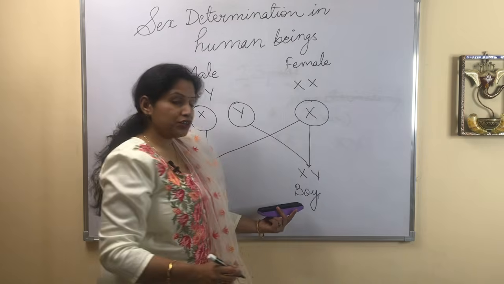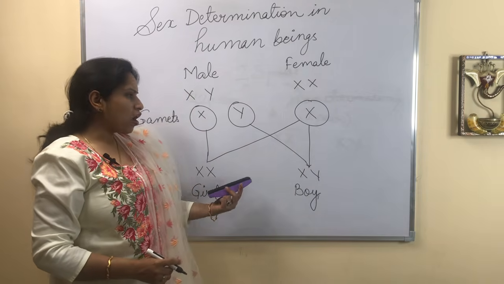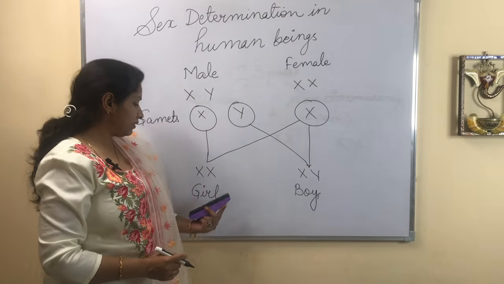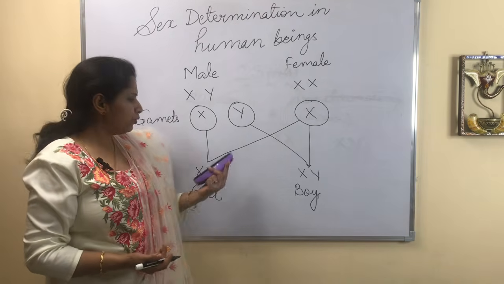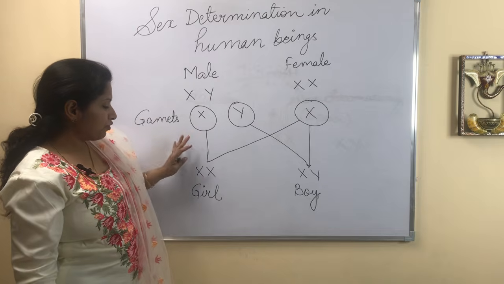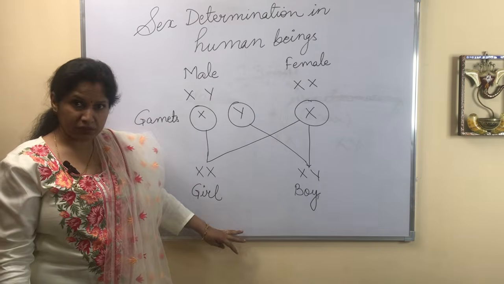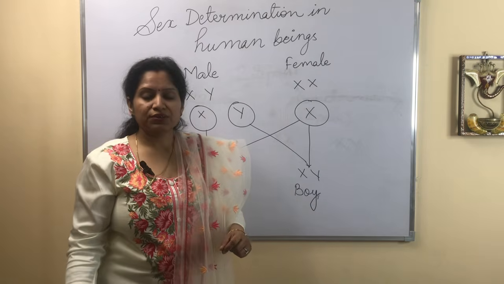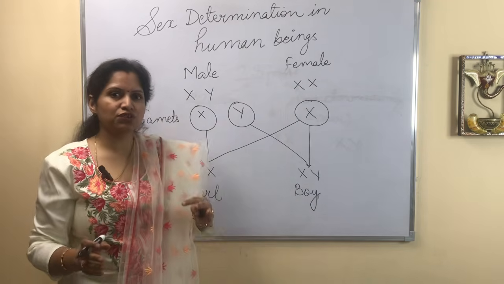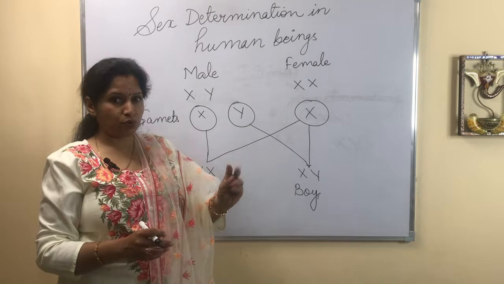Now, how much chances are there of a baby girl or a baby boy? So 50-50% chances are there, equal chances are there. 50% chances are there that the baby is going to be a baby girl, 50% chances of a baby boy to be there. So there are equal chances of the baby being a girl or a boy.